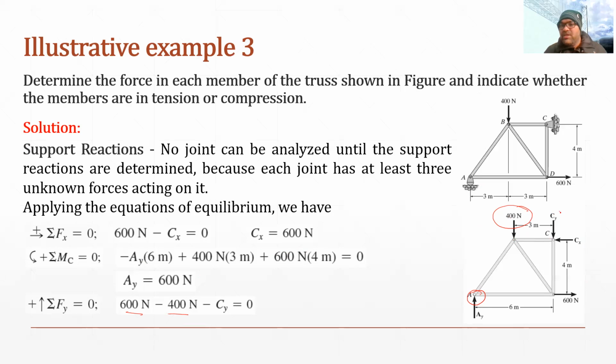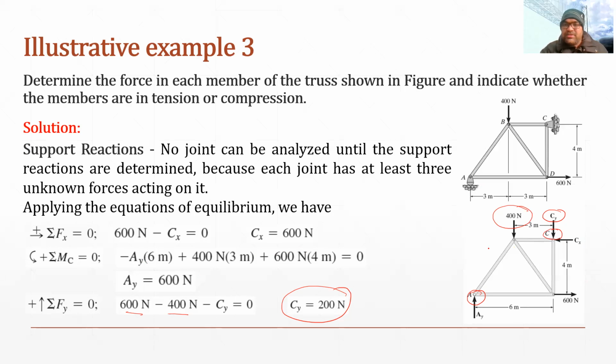And we have also assumed an arbitrary sense of reaction CY, downward, so we have taken this as negative. Now we will calculate the value of CY, and the CY value is 200 Newton. You can see the value of CY is positive, which means the sense of this reaction is correct, which is downward.